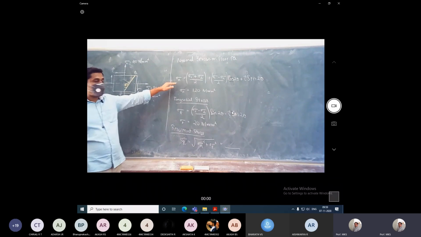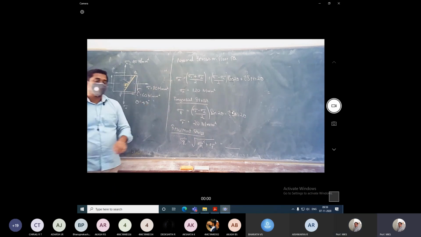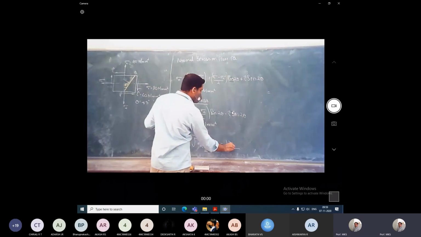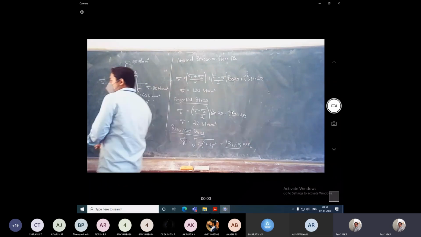Then, as I told in the last class, you should remember the normal stress and tangential stress equations along with their maximum and minimum stress equations from the last derivation. So sigma r is nearly how much? 121.65 Newton per mm square or megapascal, both are the same.